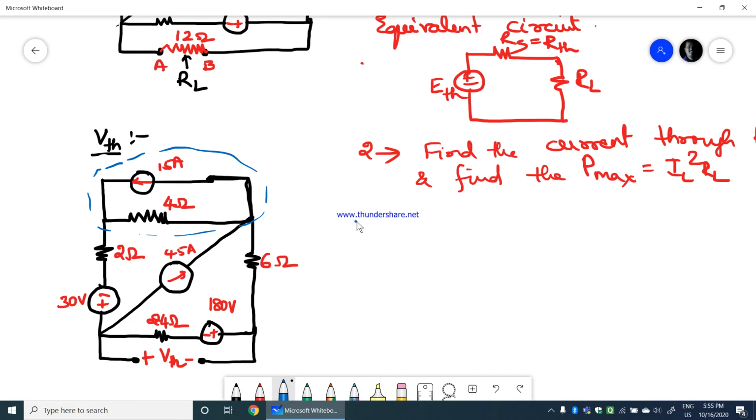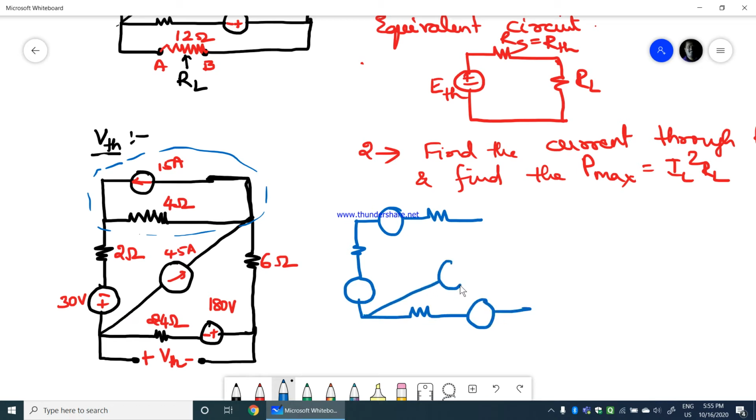So I get a voltage source here, a resistance, then a voltage source, a current source in between, and a resistance, and then VTH.